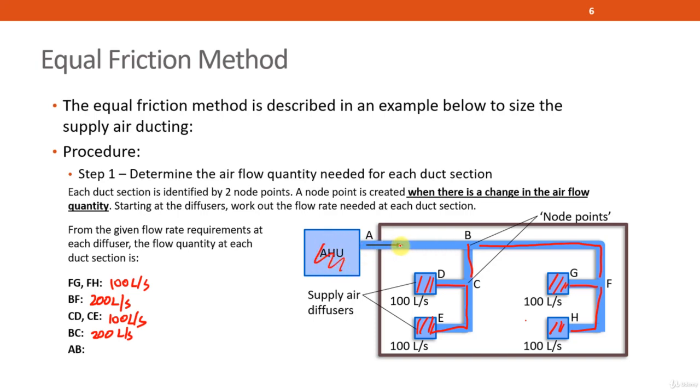This duct will transport all the air required for all the diffusers, so obviously it is transporting 400 liters per second of air. So there are 3 main airflow volumes: 100 liters per second, 200 liters per second, and 400 liters per second.